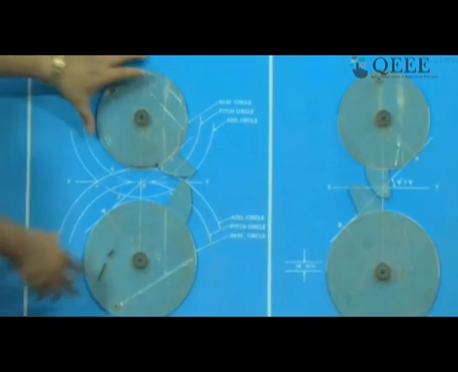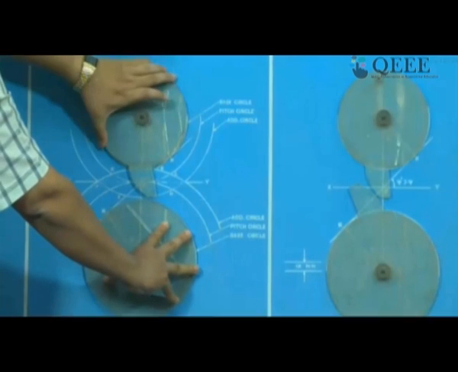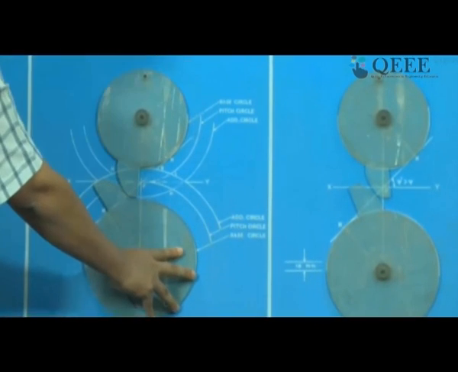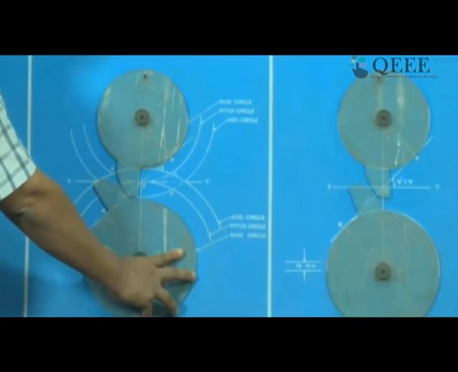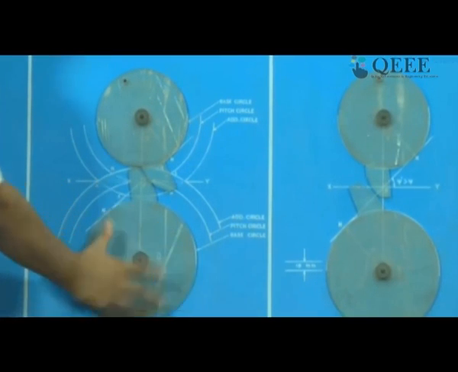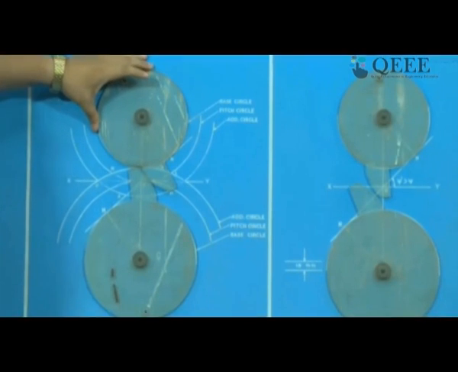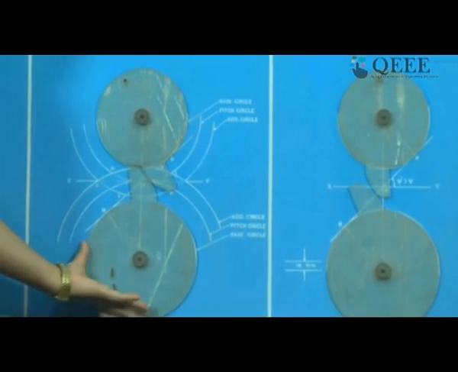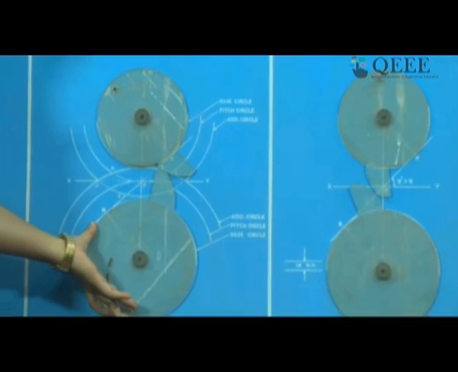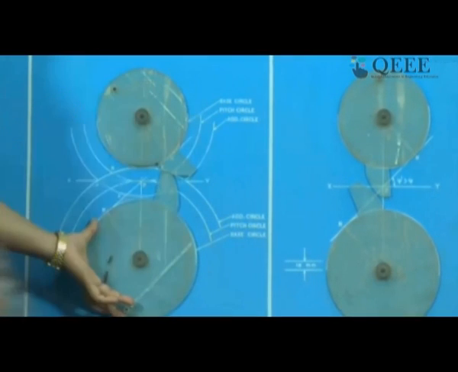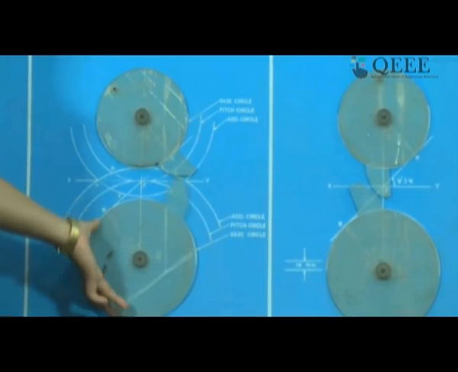So the first point of contact happens when the addendum of the driven gear is having contact with some portion of the driver gear. The last point of contact, or rather the point of disengagement, happens when the addendum of the driver gear is passing through a certain point of contact of the driven gear. So this is the last point of contact.